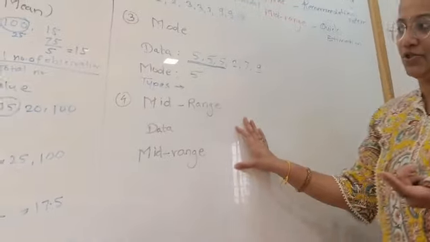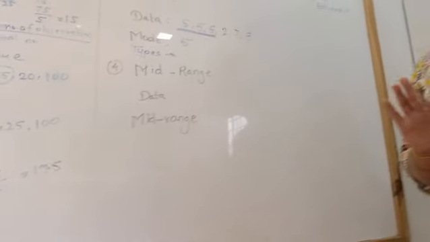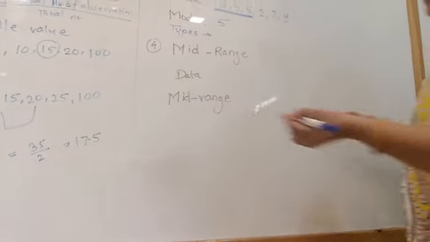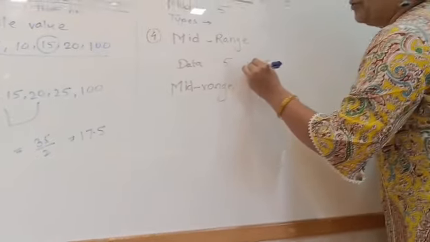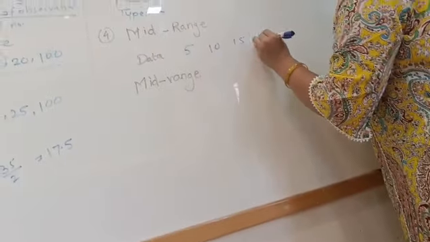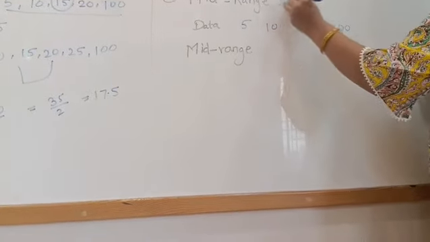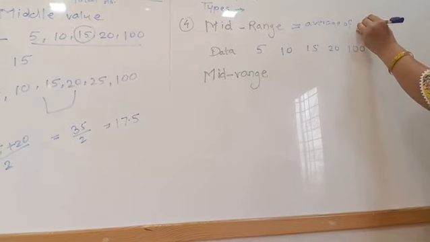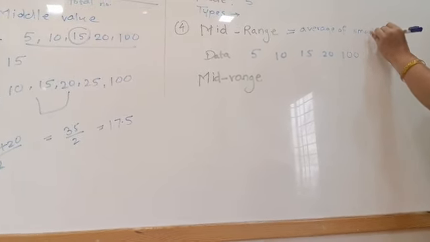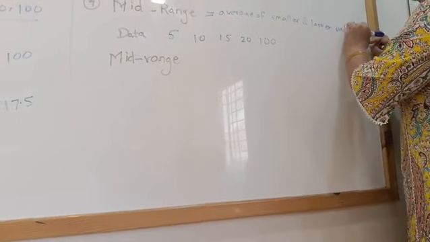Next is the mid-range. In mid-range, again we require the data in sorted or ascending order. We consider this data again. So my data is 5, 10, 15, 20 and 100. What is the formula of mid-range? Here we perform the average of the smaller and the larger value.